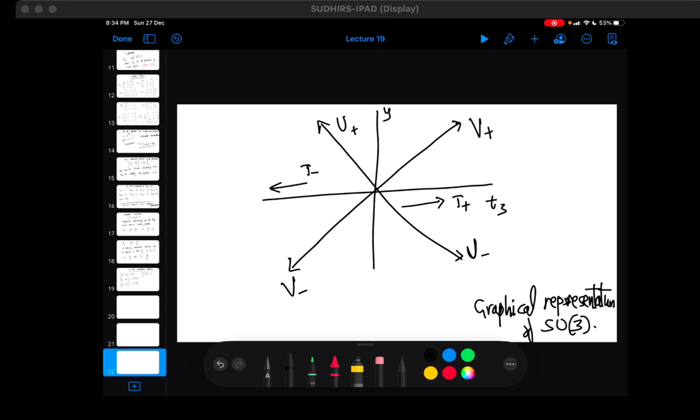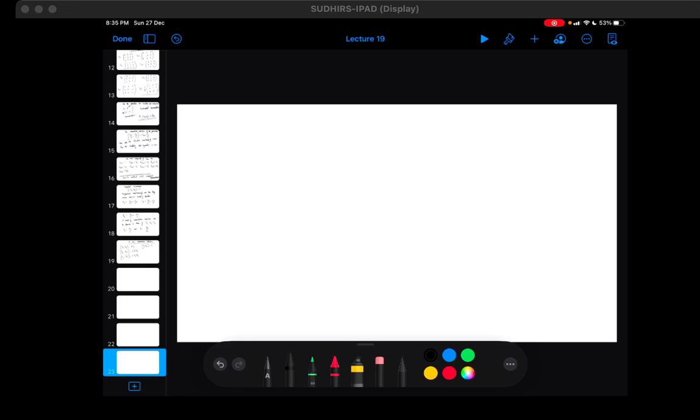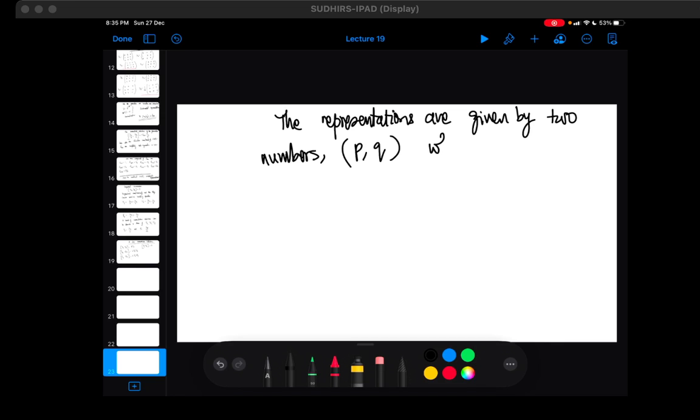Typically these representations are represented by two numbers, P and Q, which are lengths of some sort of polygon pattern.